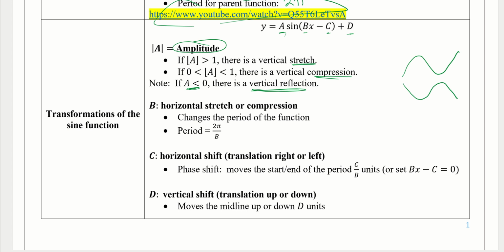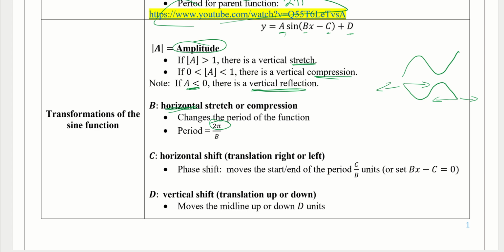Now a horizontal stretch and compress, we see this a little bit in Algebra 2 honors, but not hugely. This is the horizontal stretch and compress. So I'm kind of moving these guys this way or this way instead of that vertical stretch. Now here, if you notice, that changes the period.